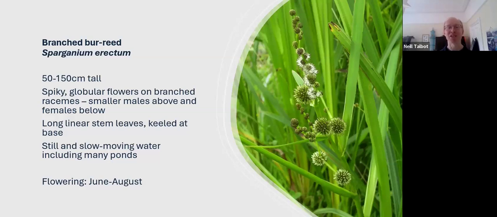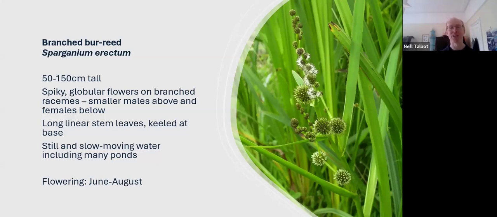So the raceme is like a sort of spike of flowers, and certain species will have little branches on them. So this one has branched racemes, as the name suggests.